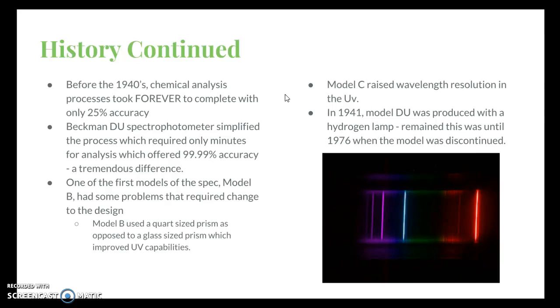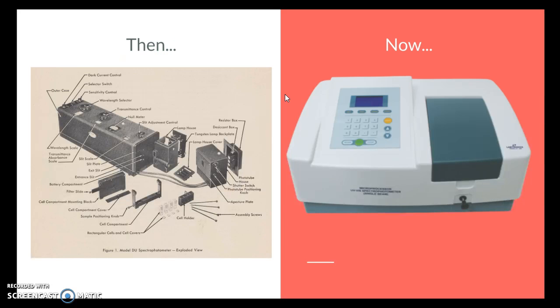At the lower nanometer sizes, it would get a little fuzzy, so accuracy had to be increased for that, which was cool. And then in 1941, the Model DU was finally produced with a hydrogen lamp, which improved accuracy even further.